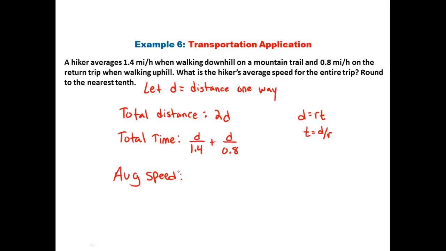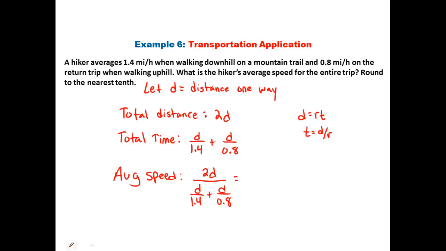Okay, so now we have enough information for the average speed. It's going to be the total distance divided by the total time. And what we need to do is simplify this, and we'll get our average speed.